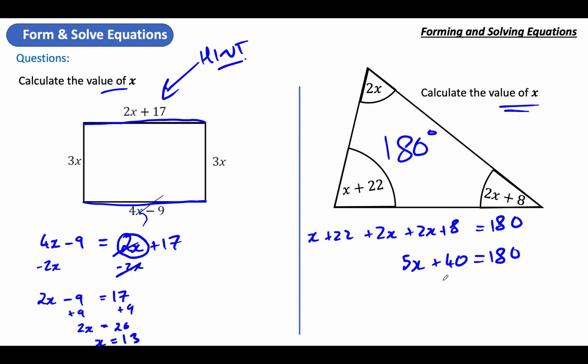That equals 180, so there's my equation. So take away 40 from both sides. 40 take away 40 is nothing. And then divide it by that number touching the letter. So divide by 5 to get 1x. And that will be, let's just double check, 28.